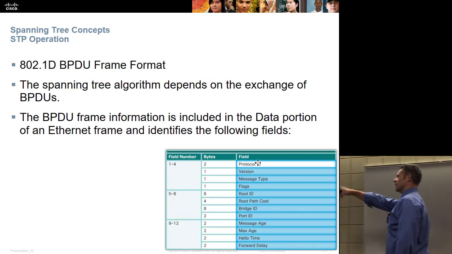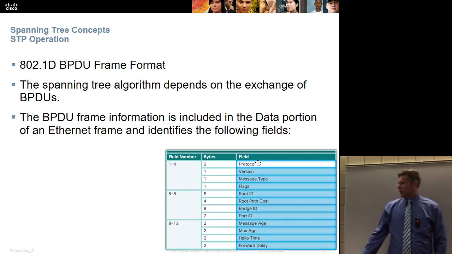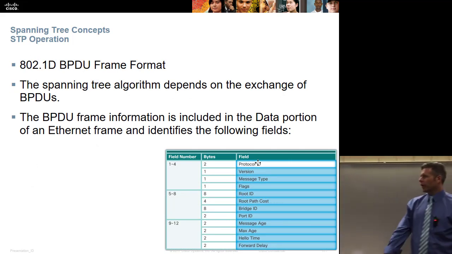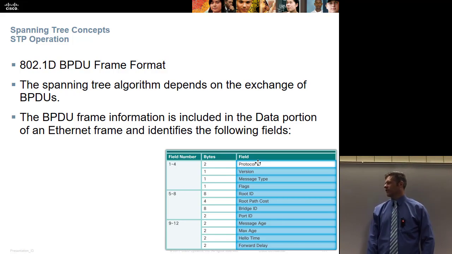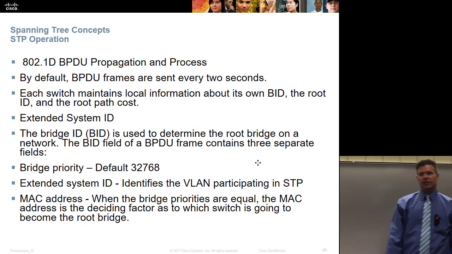And in there it includes all of these various flags: the ID, the version, the message, the path cost, the bridge ID, the port ID, how old the message is, how long was the hello, how is the formatting set up. This process pops one of these every couple of seconds.